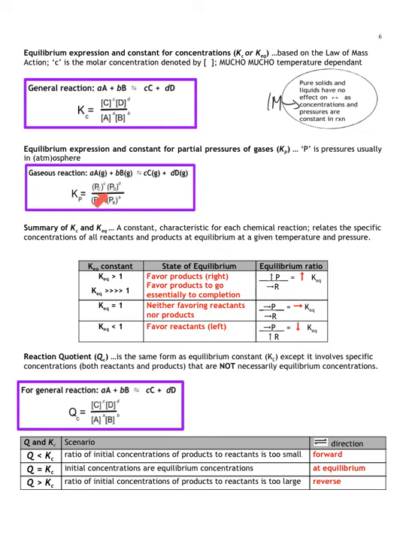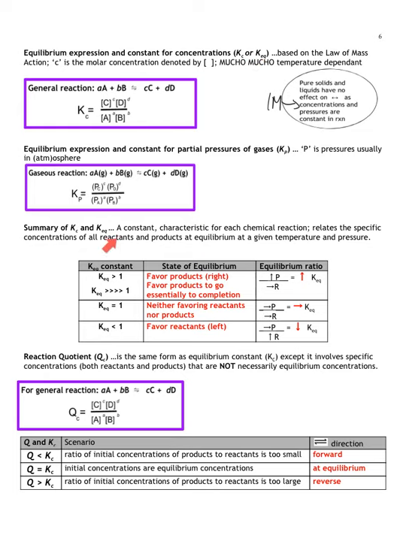If you had solids, liquids, or aqueous substances in there, you would not include them in the Kp expression, nor the constant itself. Just a quick note, I forgot to mention, C stands for concentration here, so you're looking at equilibrium concentrations in molarity units. EQ means equilibrium.